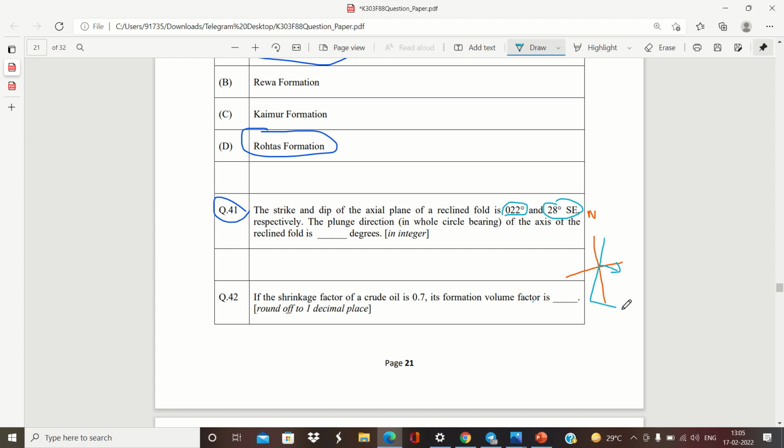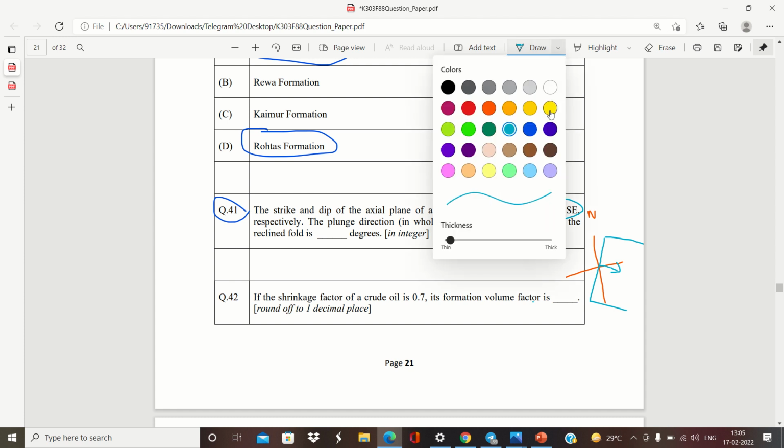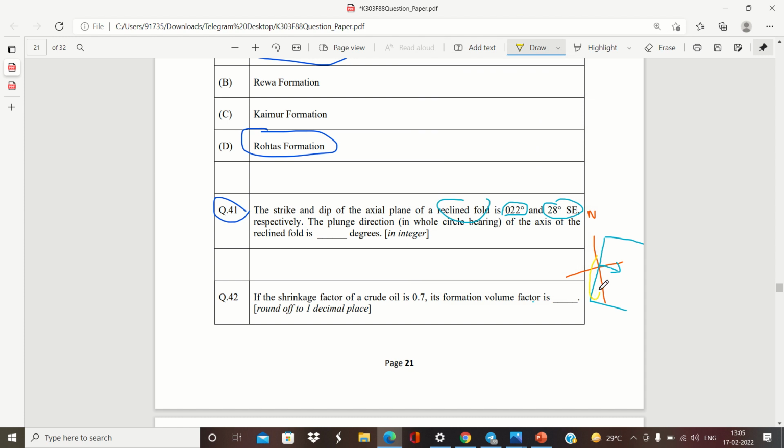Now we can draw the whole plane like this. Now this is the axial plane of a reclined fold. So we can create a fold. Let me change to yellow color. So the fold can be like this. This can be our fold.